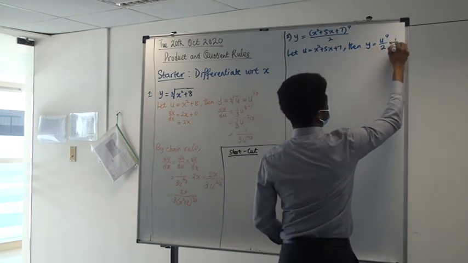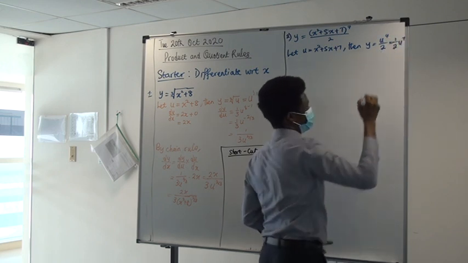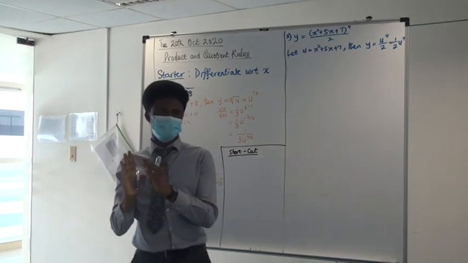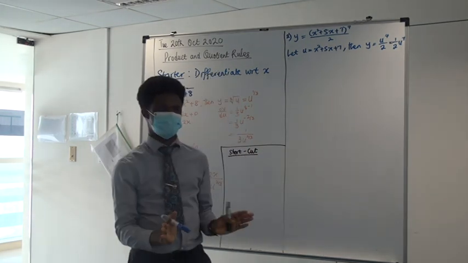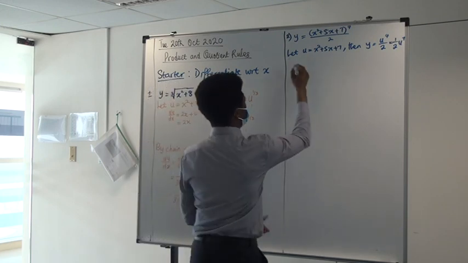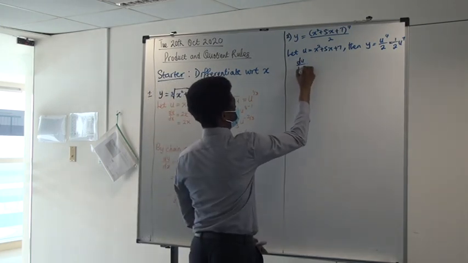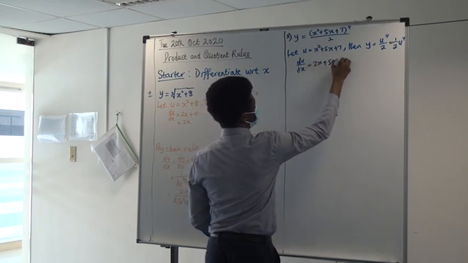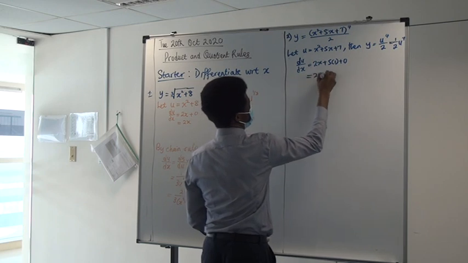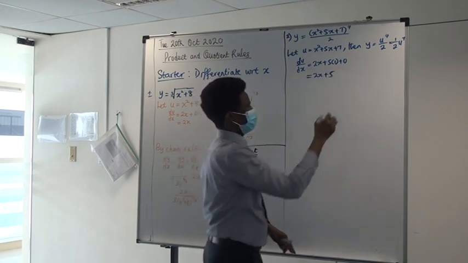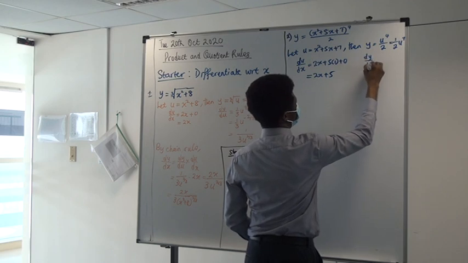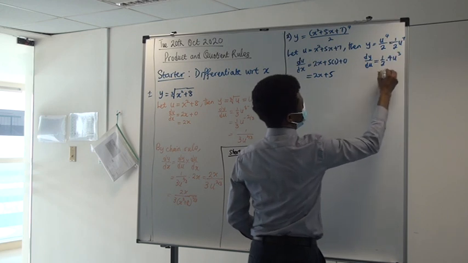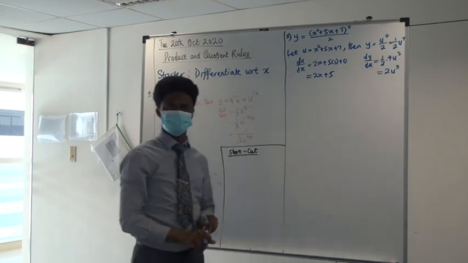Which immediately can be written as that. The reason is I want to have k and x to the power something in that format. From here, du/dx will be 2x plus 5 times 1 plus 0, which is 2x plus 5, a binomial. From here, dy/du will be 1 over 2, 4u to the power 3, which is 2u cubed.